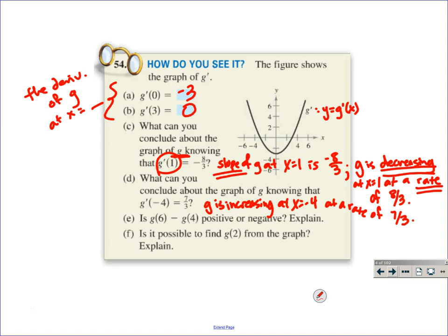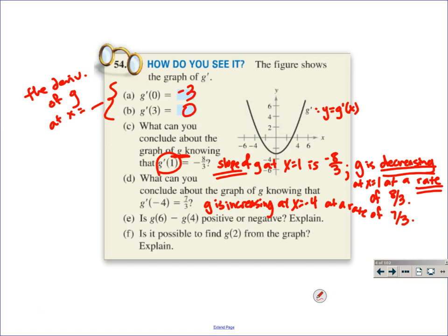How about letter E? Is G of 6 minus G of 4 positive or negative? How on earth are you supposed to know that? They're asking about the change in G of 6, oh, look at the graph, G of 6 and, oh wait, this is G prime. Think about this. If the function is decreasing, what's going to happen to its y values? They're going down.